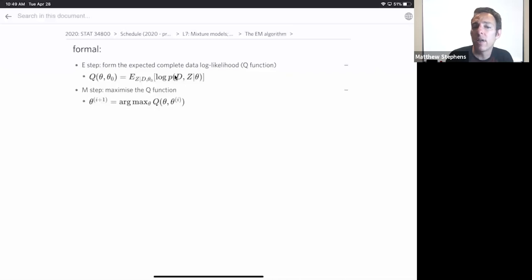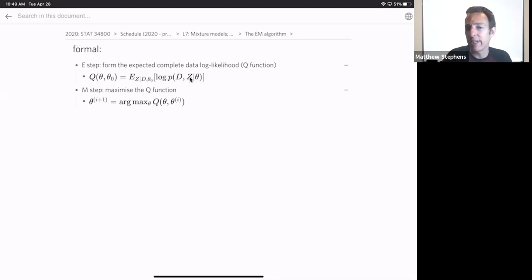So this is a complete data log likelihood. Imagine that if you knew D and Z, this is the log likelihood you would compute. Of course, we don't know Z, but just hold that thought for a moment. So this is the log likelihood we would have if we observed D and Z. Okay, so we don't observe D and Z.